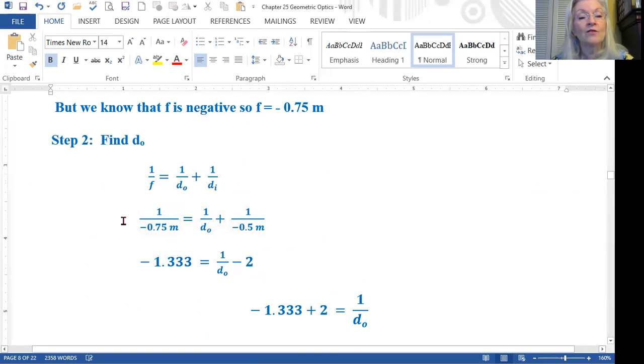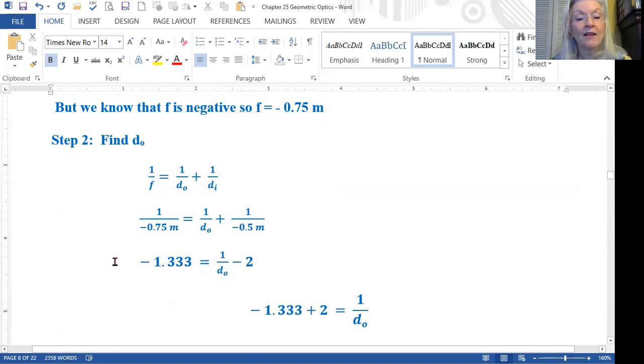So 1 over negative 0.75 meters equals 1 over DO plus 1 over negative 0.5 meters. Well, 1 divided by 0.75 is 1.33, but we have to keep the minus sign. 1 over DO just tags along. 1 divided by 0.5 is 2. And you'll notice a plus, a minus is just a minus.